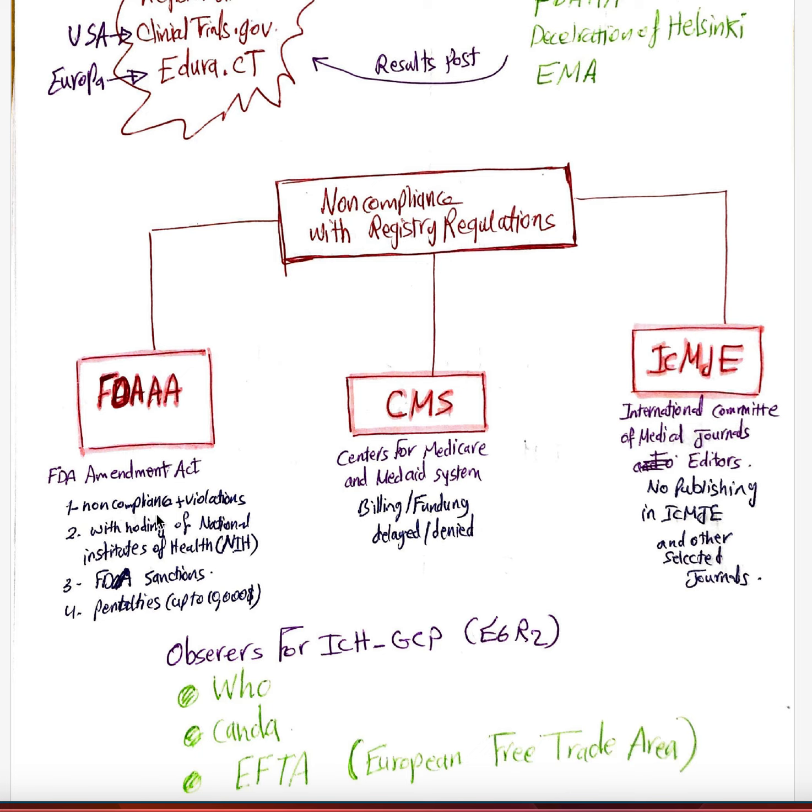When there is non-compliance or violation, we have withholding of National Institutes of Health funding or FDA sanctions or penalties when there is nothing good about these things. So the first organization is called FDAAA, that means FDA Amendment Act.